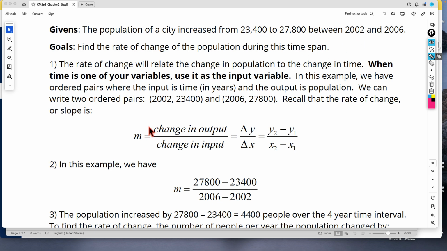So they're letting X be the year. And we've got 2 different years, so 2002 and 2006. X1, Y1, so 2 different years.